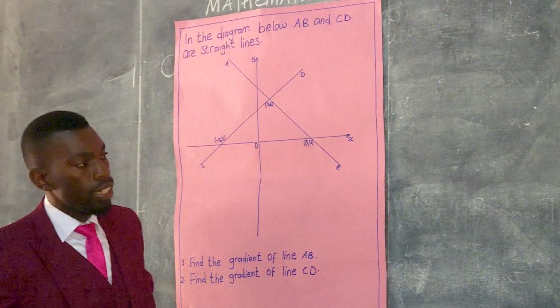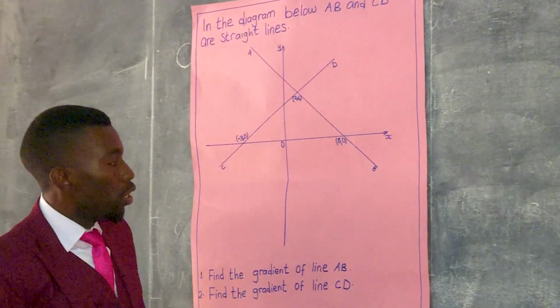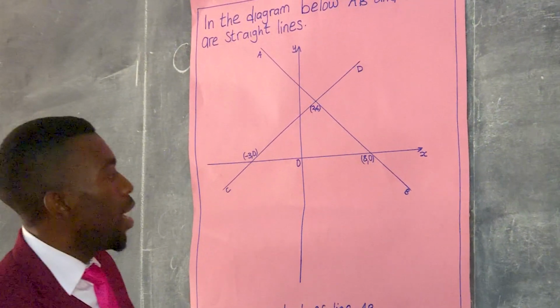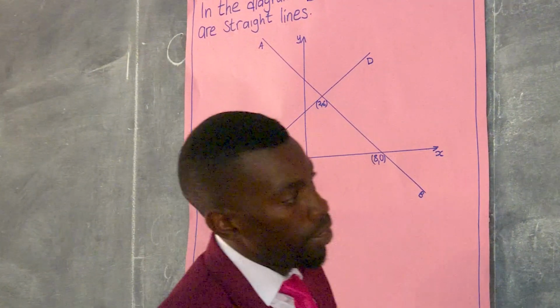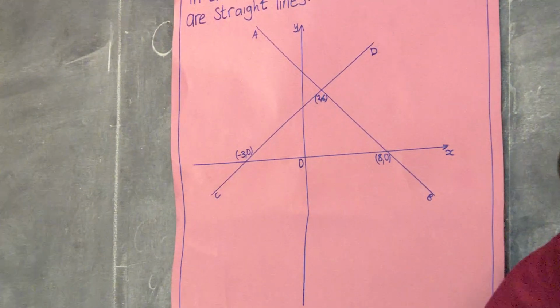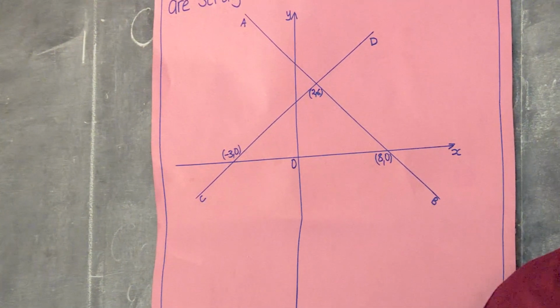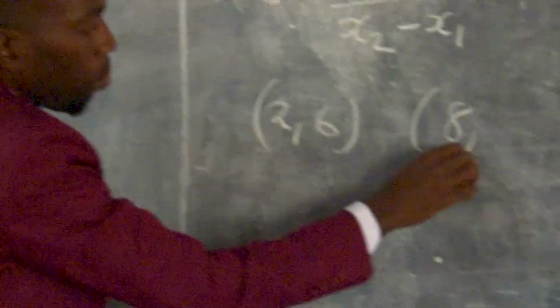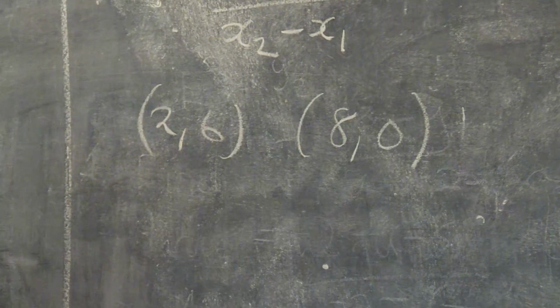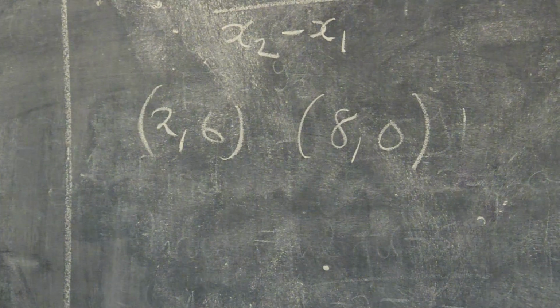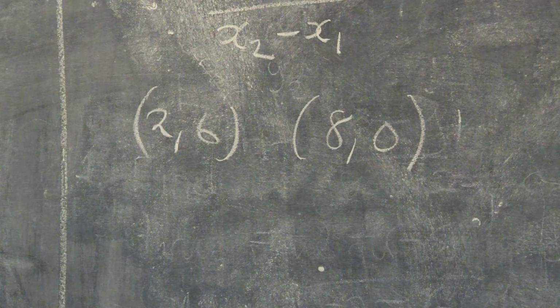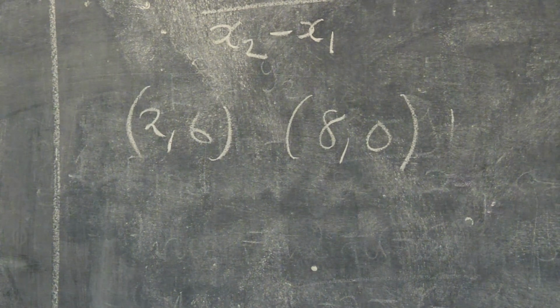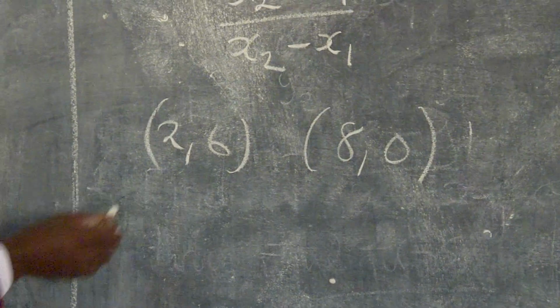Then now calculate the points. So the points that we have are 2,6. Then the second pair of coordinates is 8,0. Then from there we label them. The x1, the y1. Okay, we begin with this one.